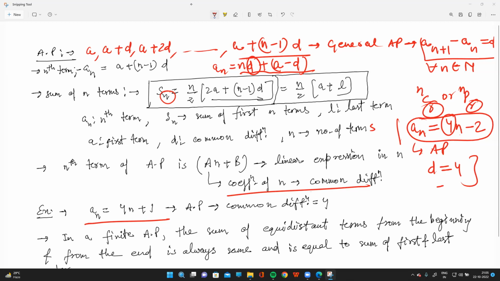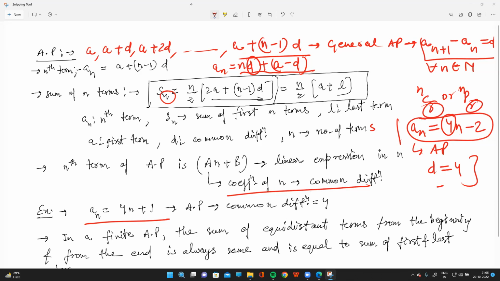Now the next term, and it's a very important property, right? You haven't seen this in a finite AP, yani ke an AP which contains a fixed number of terms. We know how many terms are in the AP, right?